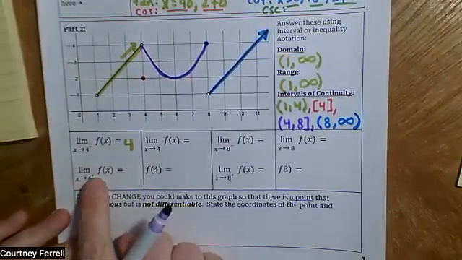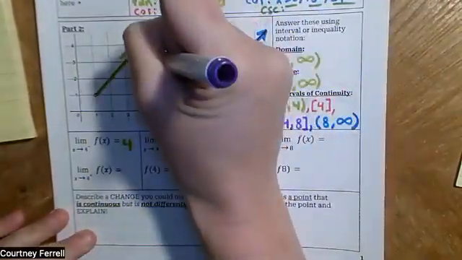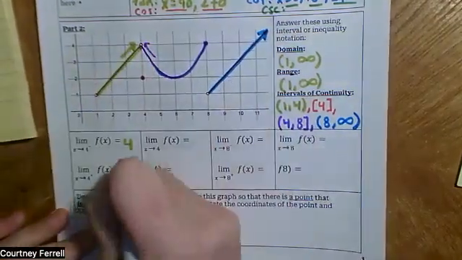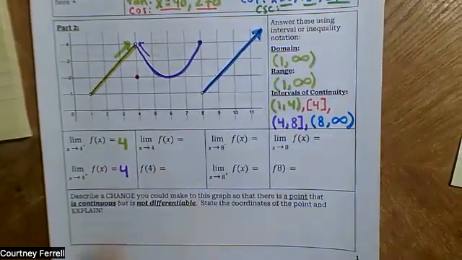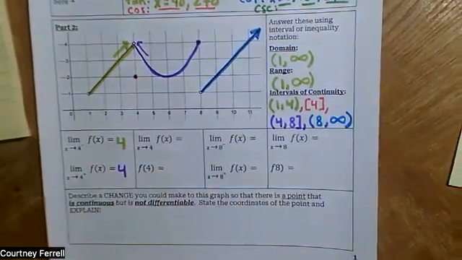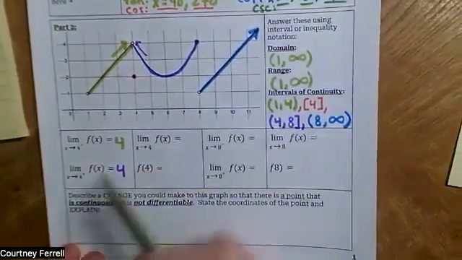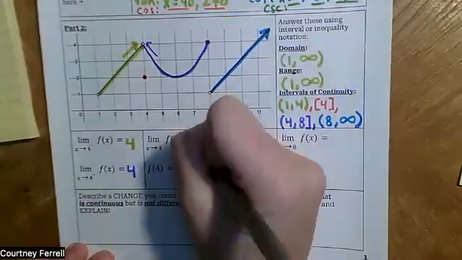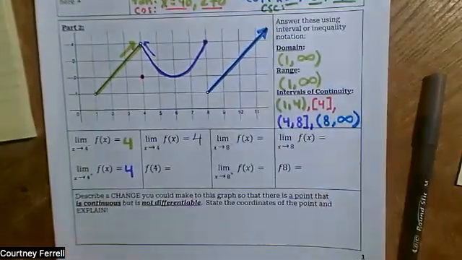Limit as x approaches 4 from the right. Here's 4. I'm coming from the right. It looks like I'm going to hit y equals 4. These two numbers agree. When the two limits match, that's the only time that this limit can exist. Since they match, the limit is 4.